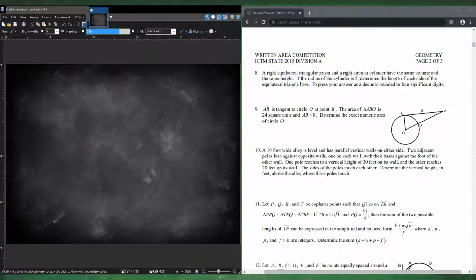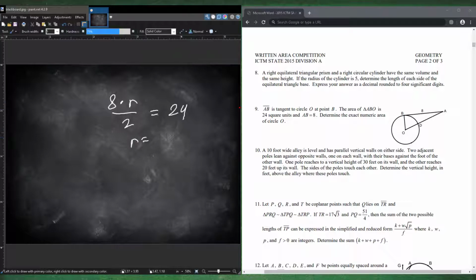Number 9. AB is tangent to circle O at point B. The area of AOB is 24 and AB is 8. Determine the exact area of circle O. So since we know that the triangle is 24 square units, and one of the side lengths is 8, it's just 8 times the radius, because that's the point inside, divided by 2 is equal to your area, which is 24.